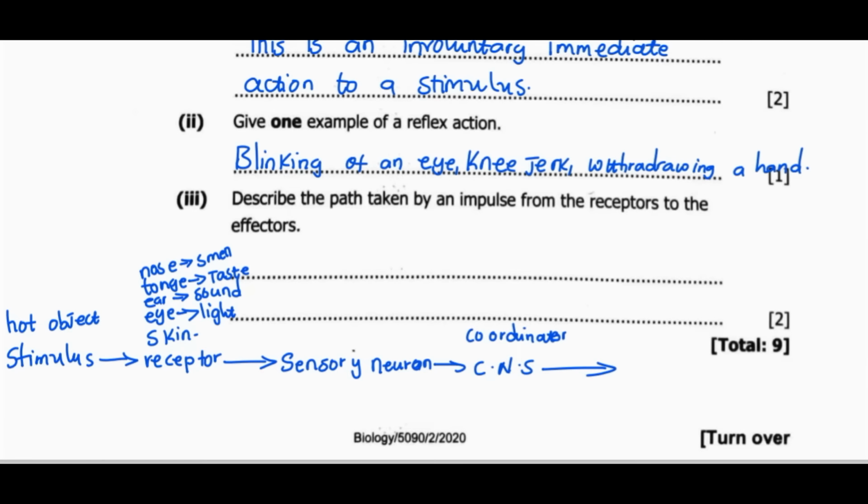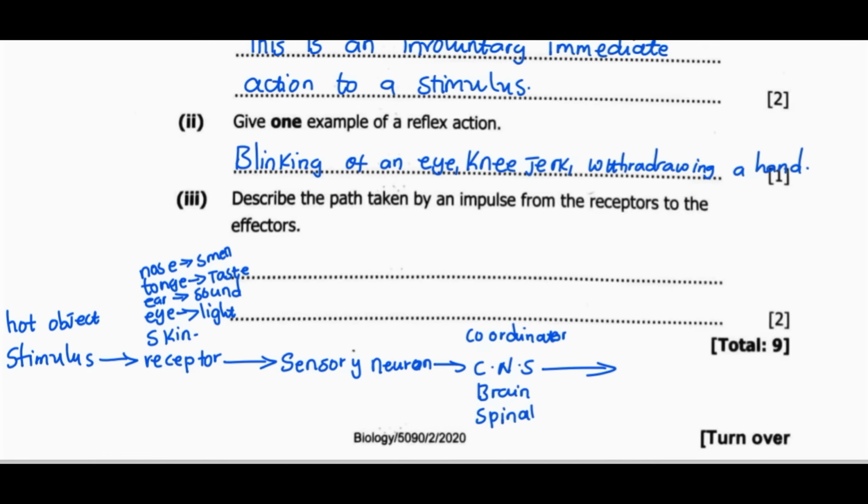Under the coordinators of the central nervous system, we have the brain. We know that some interpretation occurs in the brain. Then we also have the spinal cord. So the spinal cord and the brain are collectively known as the coordinators, which is the central nervous system.